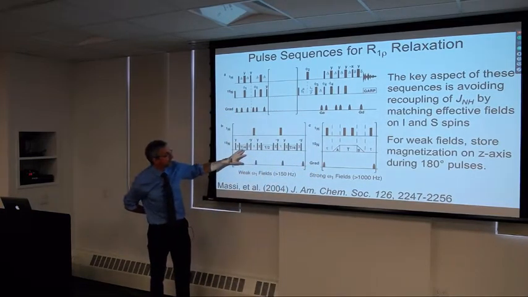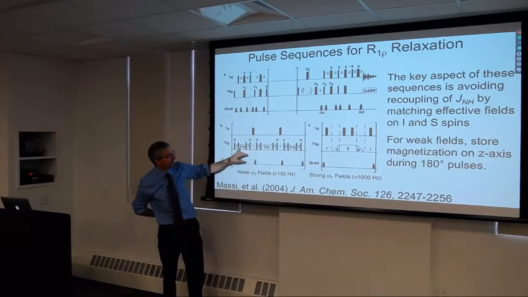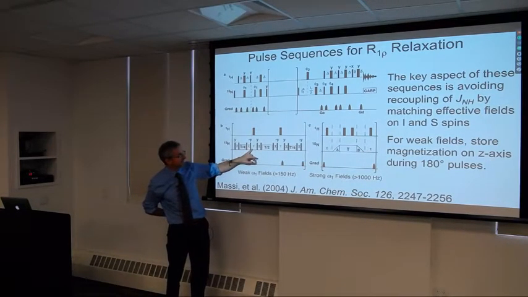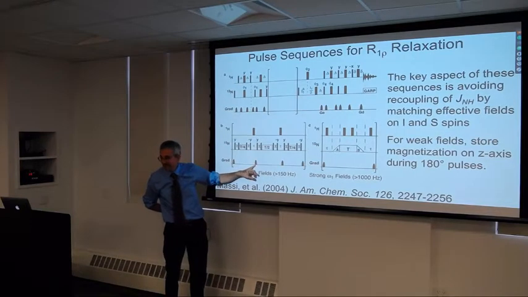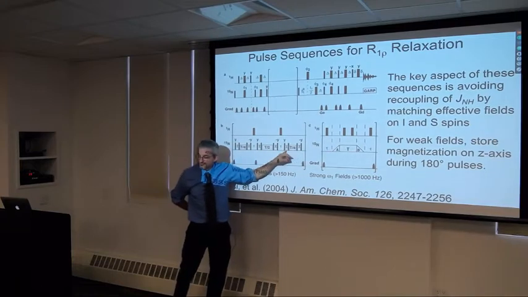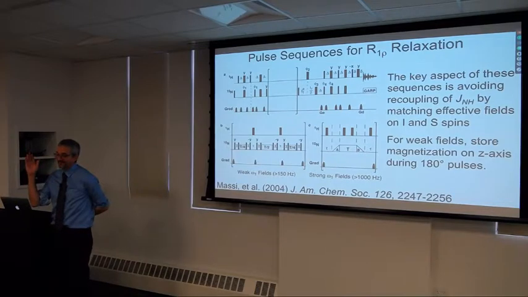But over here, the RF is weaker, and now one has to worry about the recoupling effects, and the trick was to move the magnetization to the tilted frame, move it back to the z-axis, then apply the pulse followed by a gradient, go back to the tilted frame, back, tilted frame, so that the 180s were only applied when the magnetization was on the z-axis to keep the J coupling from evolving.